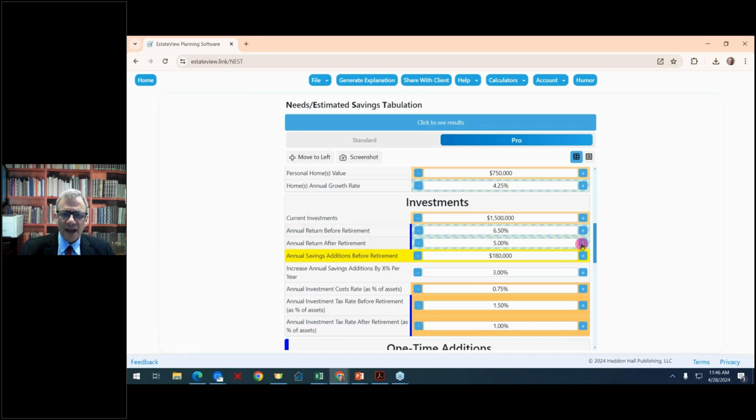Once they retire, though, the rate of return may go down because maybe they may be more in equities now and more in bonds when they retire. Annual savings, let's give them $200,000 a year of annual savings. And investment costs, let's say 0.5% a year, taxes, 2% of the value.